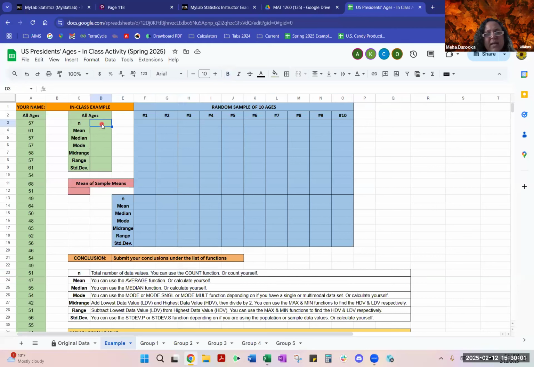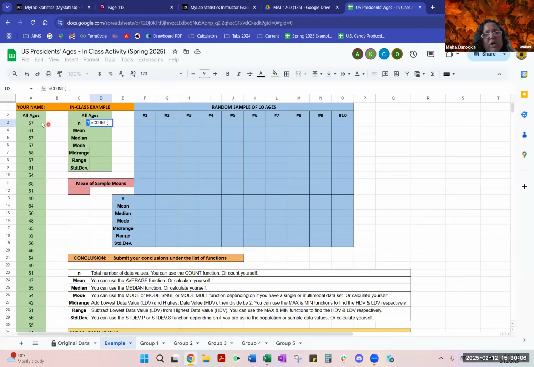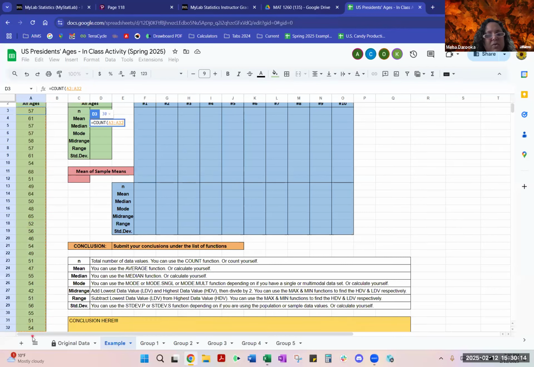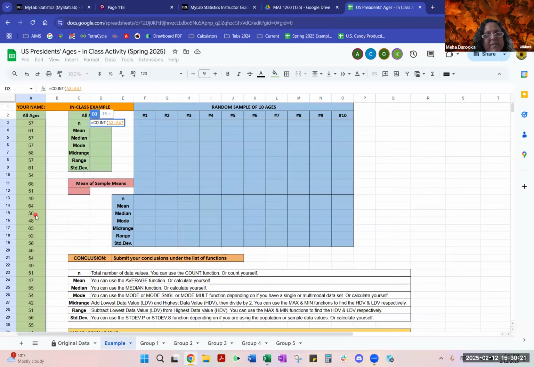So you can say, okay, equal to, I'm going to type count, and then all you have to do is select the cells where your data is going to be. Starting at the age 57, we select it and go down till you get to the last age in that data set, which will of course be for President Biden at 78.